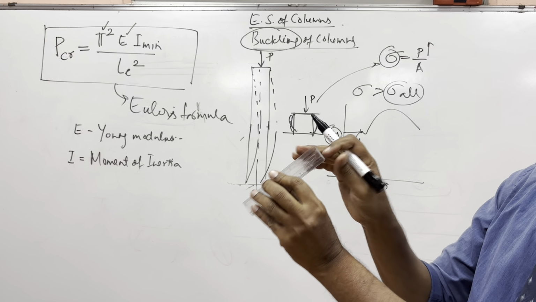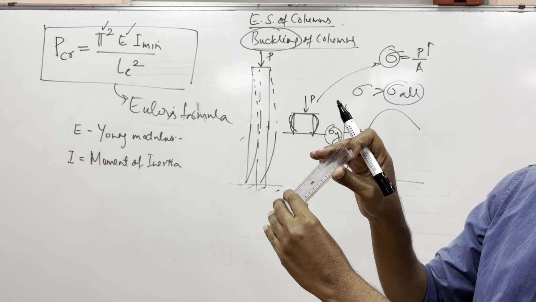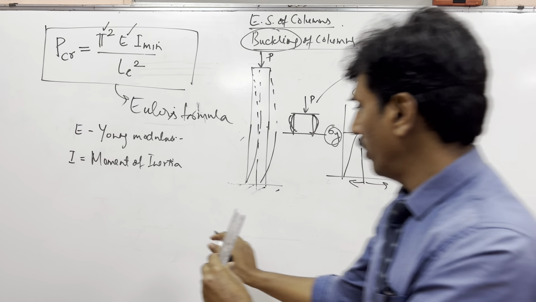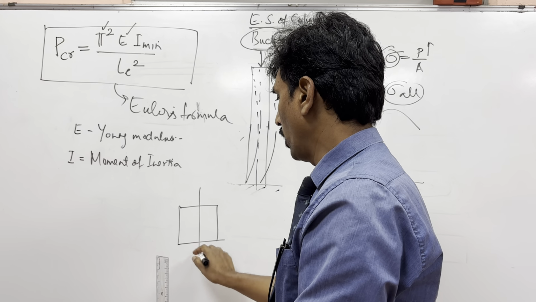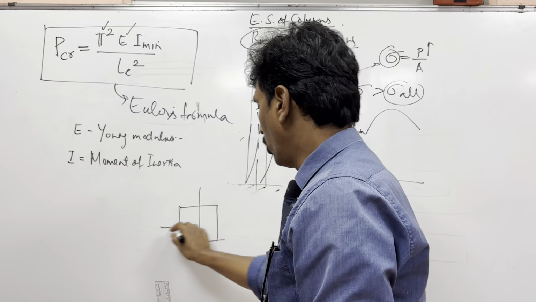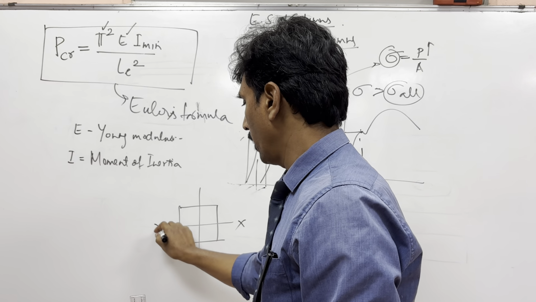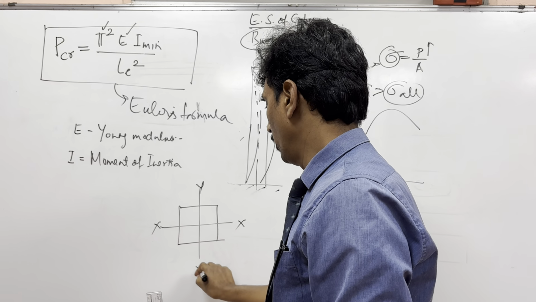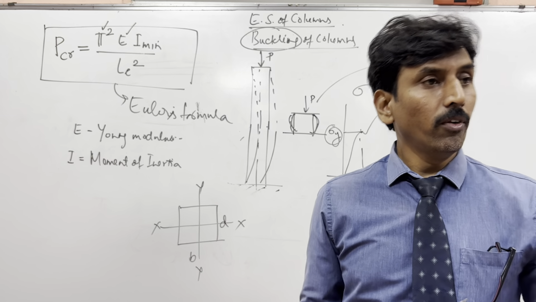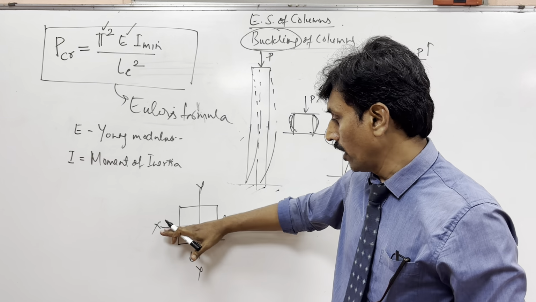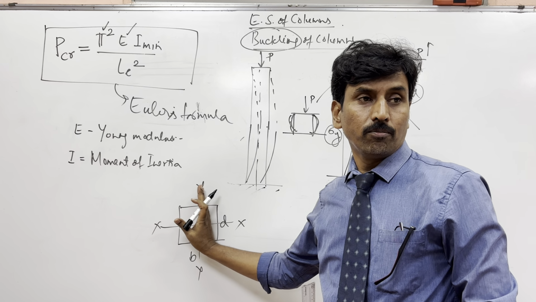When you've got a square section, if you call this x and this y, then since b and d are the same, BD cube by 12 will be the same for xx and also yy.